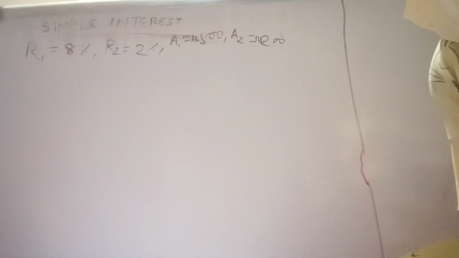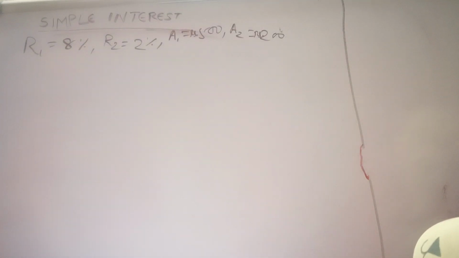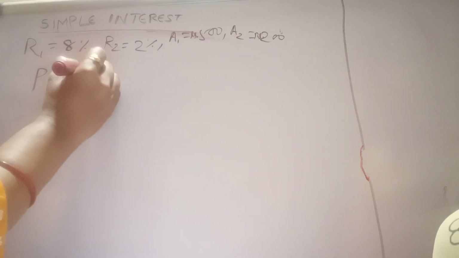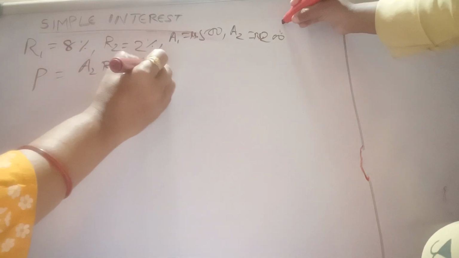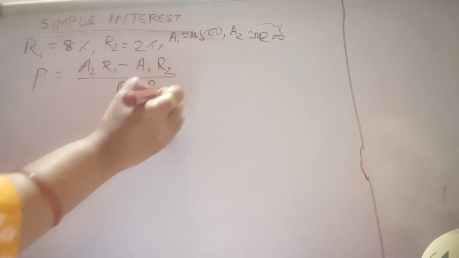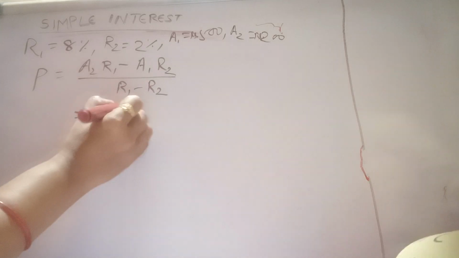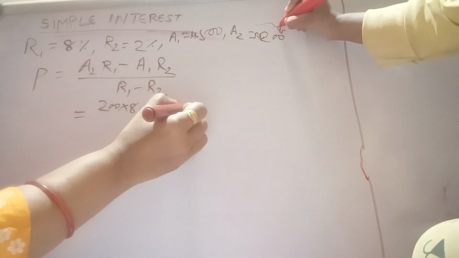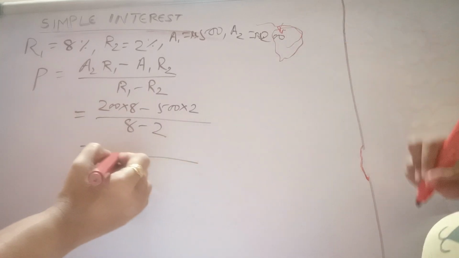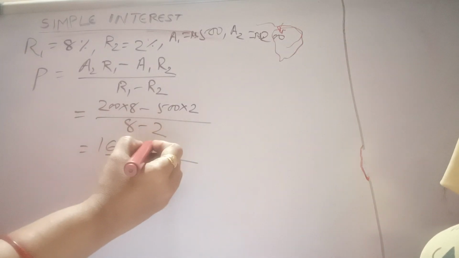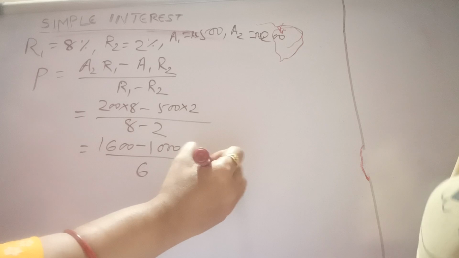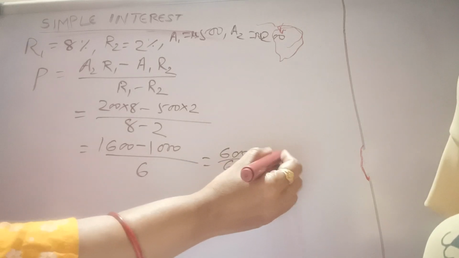Now according to our formula, P equals (A2 R1 minus A1 R2) divided by (R1 minus R2), equals (200 into 8 minus 500 into 2) divided by (8 minus 2), equals (1600 minus 1000) divided by 6, equals 600 divided by 6 equals 100.